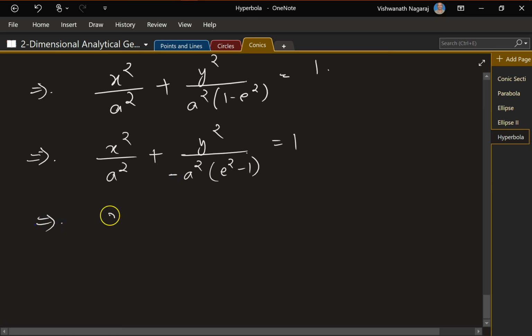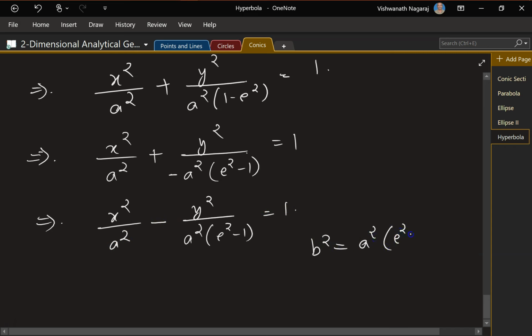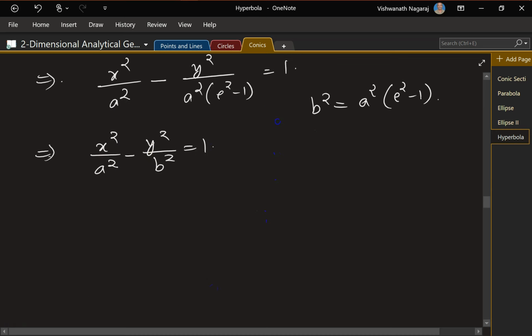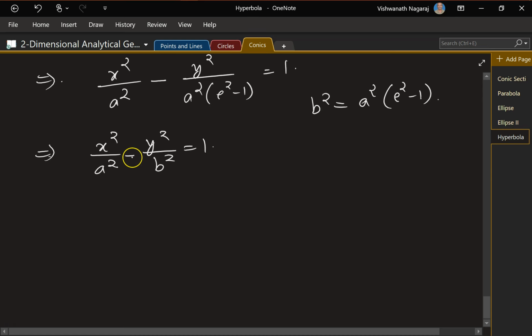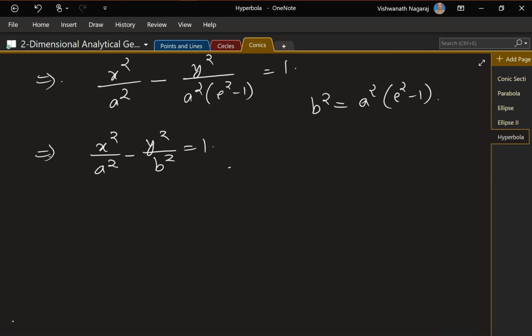Now this minus we can take out, and we can now say b square is equal to a square times e square minus 1. So our equation becomes x square by a square minus y square by b square equal to 1. So the difference between the equation of the ellipse and the hyperbola is, instead of plus in the case of an ellipse, it is minus. So that is the equation of the hyperbola.